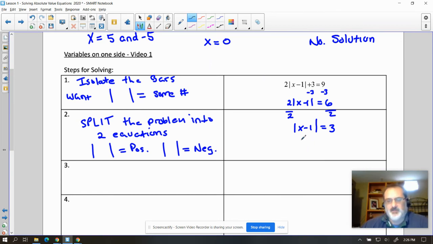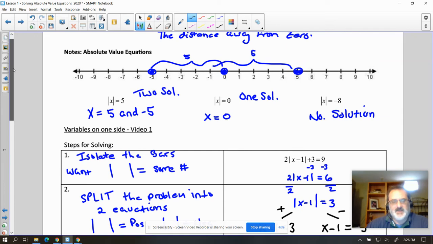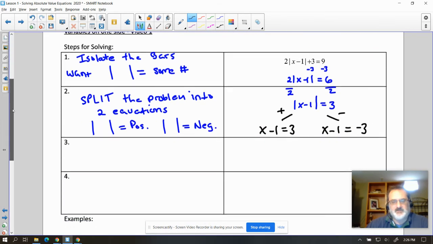So I'm going to do this in black here. We're going to split this equation into a positive and a negative case. We have x minus 1 without the bars anymore. X minus 1 comes down equal to positive 3, and x minus 1 comes down equal to negative 3. So we split it up into two cases where we're on one side of the 0 and on the other side of 0.